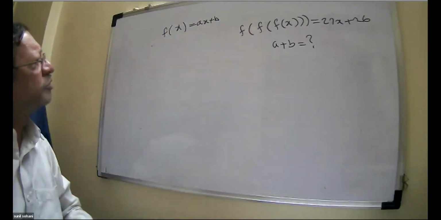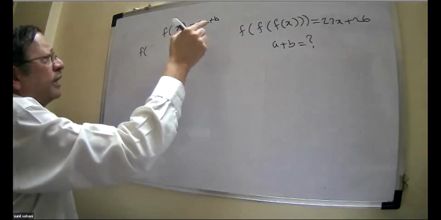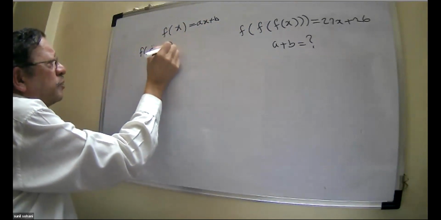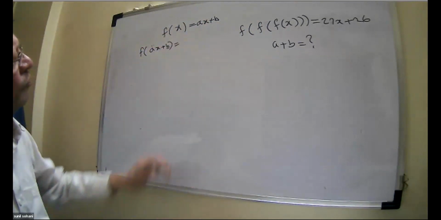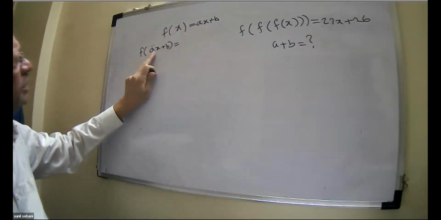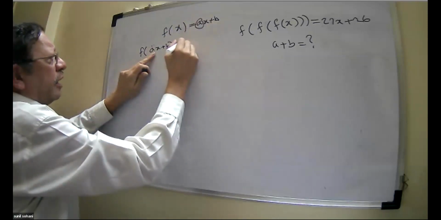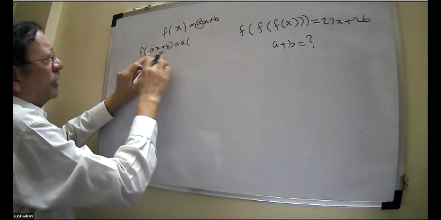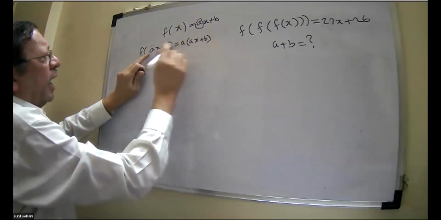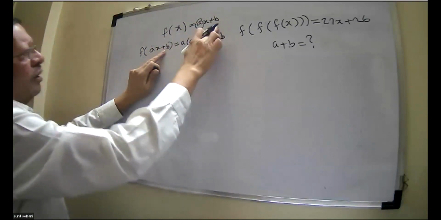The function of the function, that is what? So this is the answer of the function x. They want to find the answer of f(ax plus b). Taking that x as ax plus b, the function of this is going to be a times, as you can see, a times whatever answer the function gives, multiplied, ax plus b, and plus b as given in the rule.